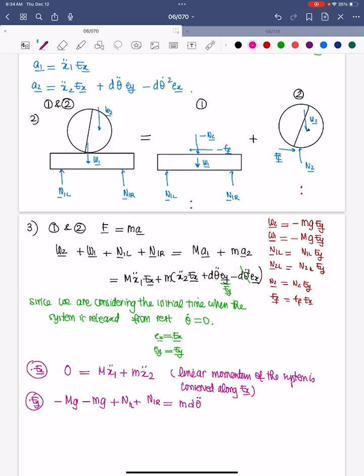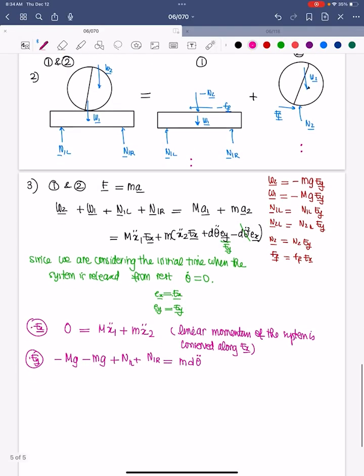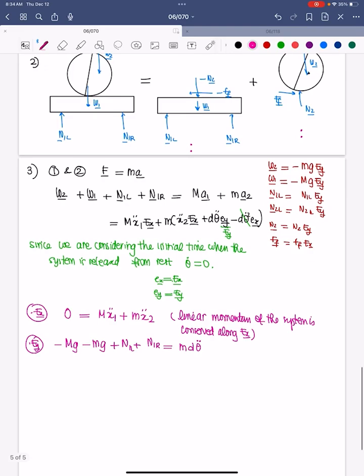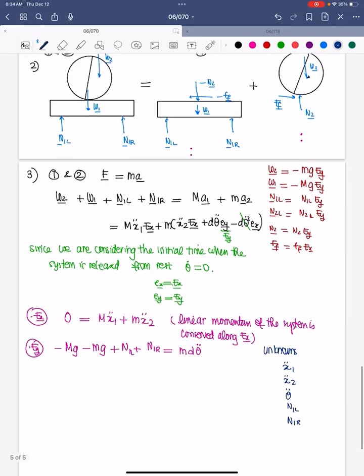Okay, very well. So now counting our unknowns, we have x double dot 1, x double dot 2, and theta double dot are our unknowns. Oh, and also the normal forces, N1L and N1R. So we definitely need more equations.